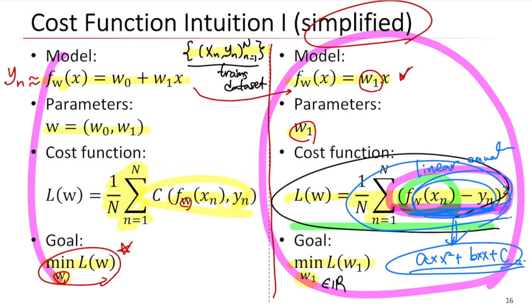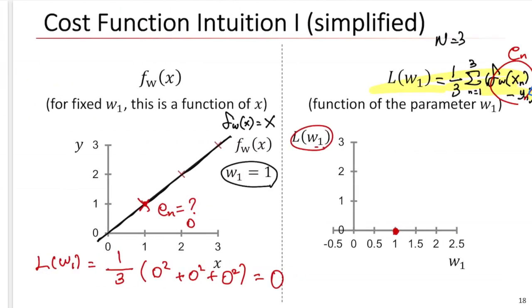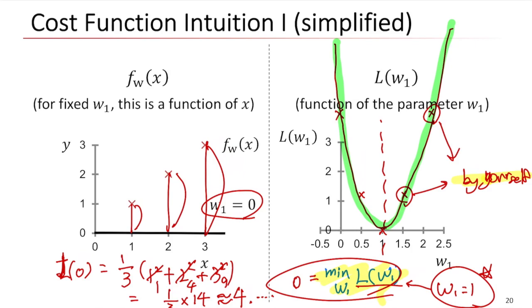So this is a second order equation. The shape of this second order equation looks like this with respect to W1. Okay.